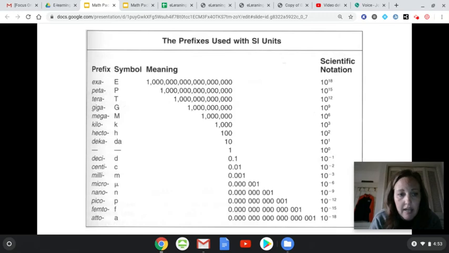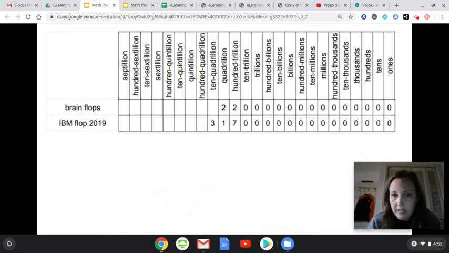Then we're going to go to this next slide where I put this all in place value to help you see why we do what we do. By adding all these zeros, I changed it all to just flops instead of megaflops or petaflops.